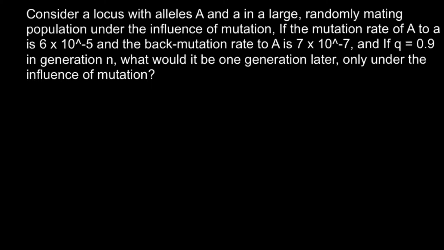If the mutation rate of the dominant allele into the recessive allele is 6 multiplied by 10 raised to minus 5, and the back mutation rate to the dominant allele is 7 multiplied by 10 raised to minus 7, and if q equals 0.9 in generation n, what would it be one generation later, only under the influence of mutation?